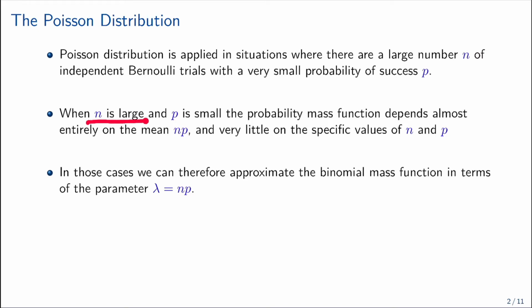When n is large and p is small, the probability mass function depends almost entirely on the mean, np. np is the mean of the binomial distribution, remember, and very little on the specific values of n and p. For that reason, we are going to define a variable lambda, and lambda is equal to n multiplied by p.